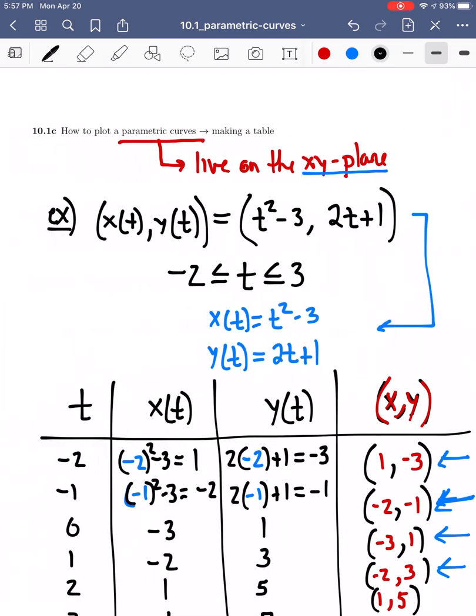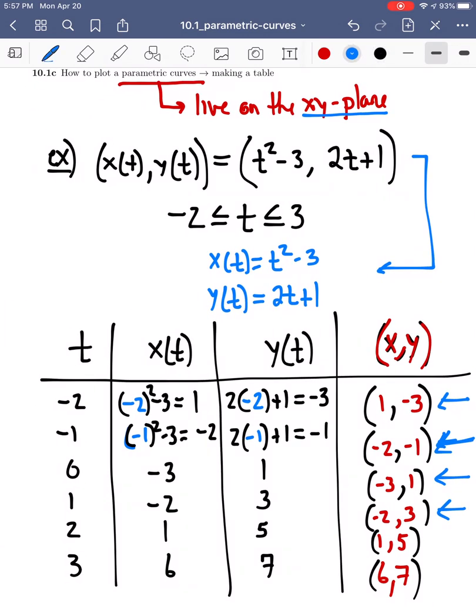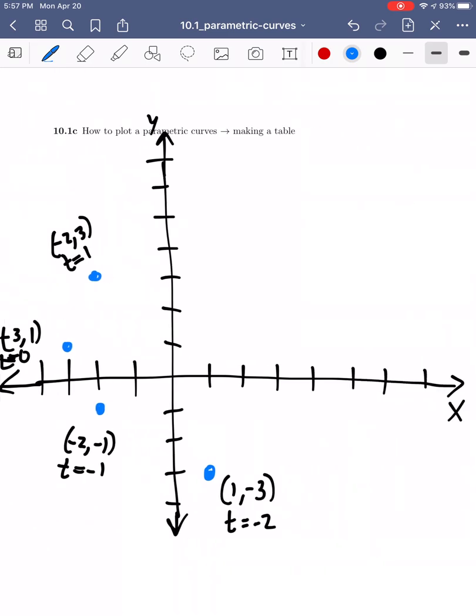All right, finally, we're getting down there. The next point after that is when x equals 1, y equals 5, when t is equal to 2. So move over to x equals 1, and then go up 5 spots. And that's the point 1, 5 when t equals 2.